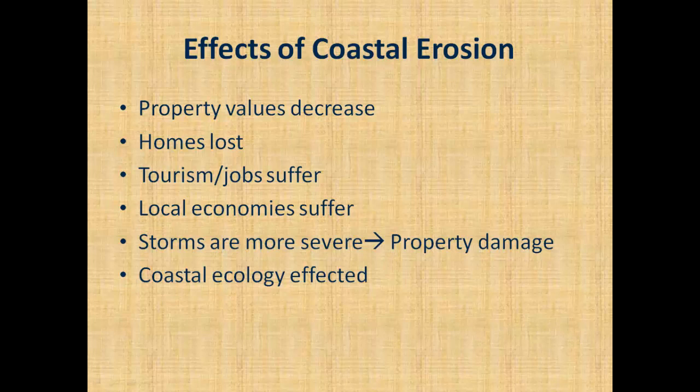You have homes lost. You have major storms like we experienced on the East Coast just recently. And as the coasts erode, you're losing everything that would protect these homes. So you have homes lost.